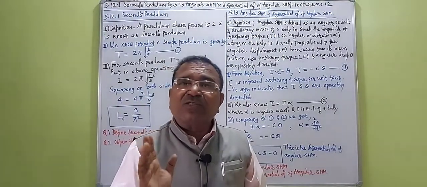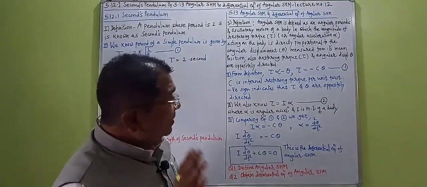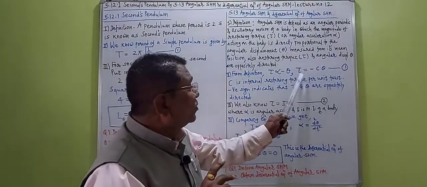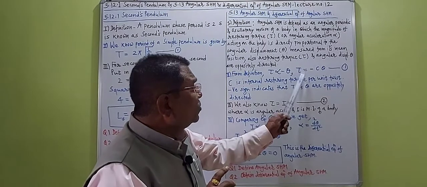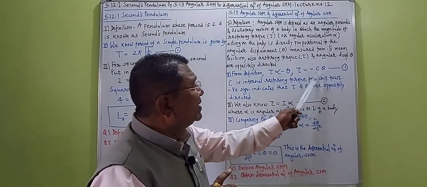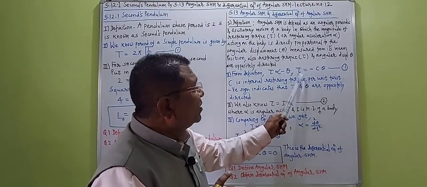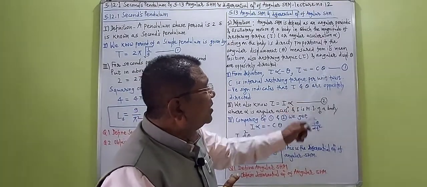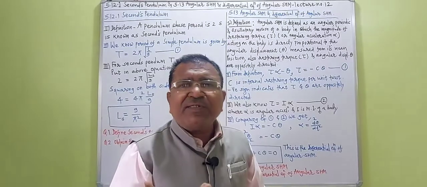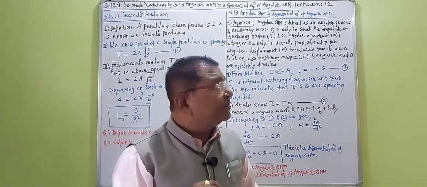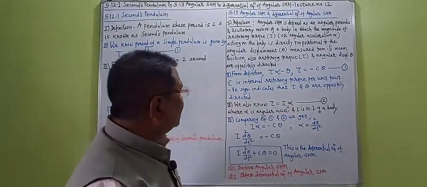The first formula we got is tau is equal to minus c theta. This negative sign indicates that restoring torque tau and angular displacement theta are oppositely directed. Very simple. This is equation number 1.